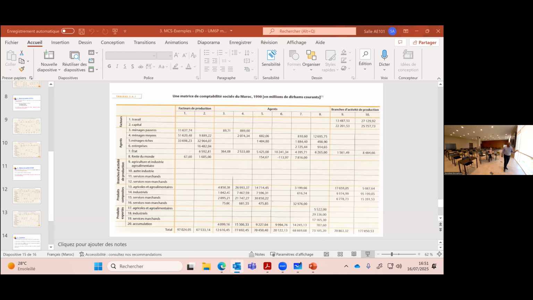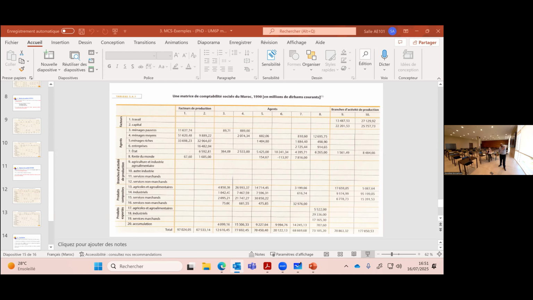And we have the production activities, and in this production we have the product, and in product we have the product that can be sold in the domestic market, and we have the product for exportation. This is the relation with the rest of the world.